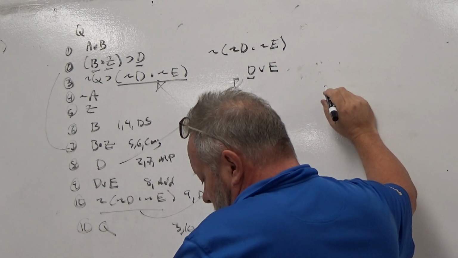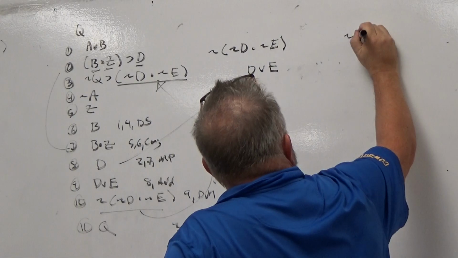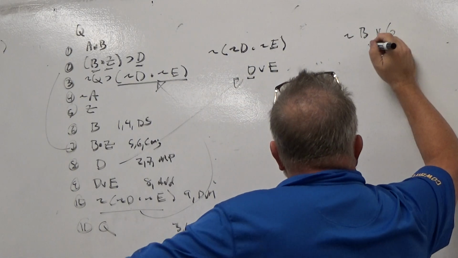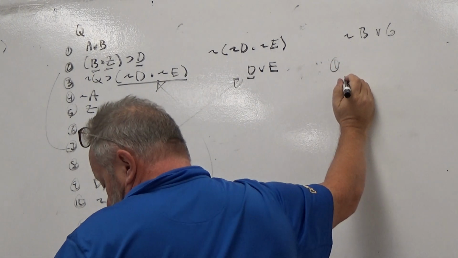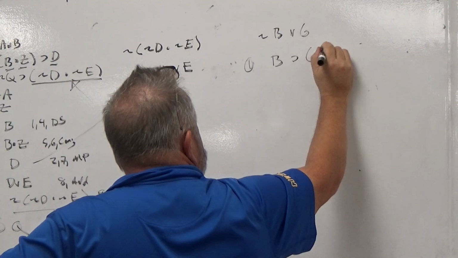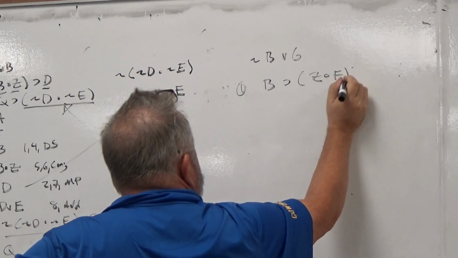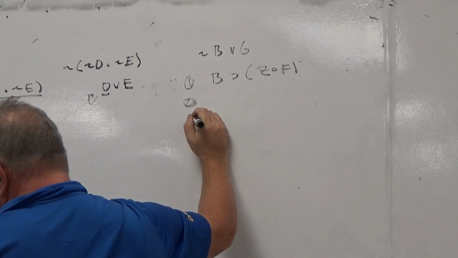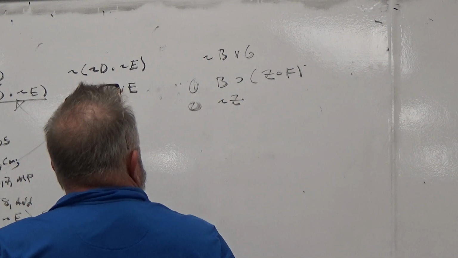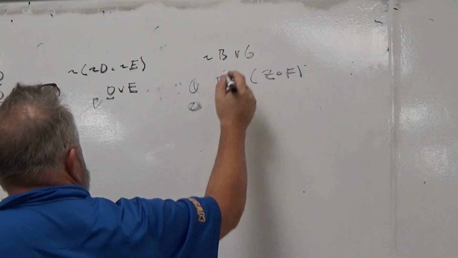So 51, not B or G. Okay, 1 is B, then Z and F, and 2 is not Z. Okay. There's no G's in here, so that's just misleading.